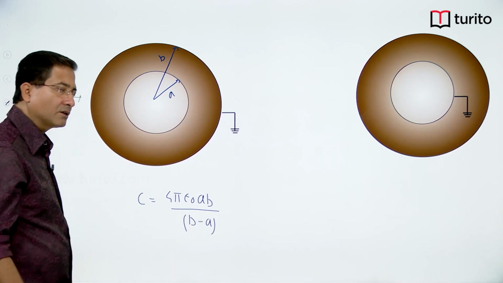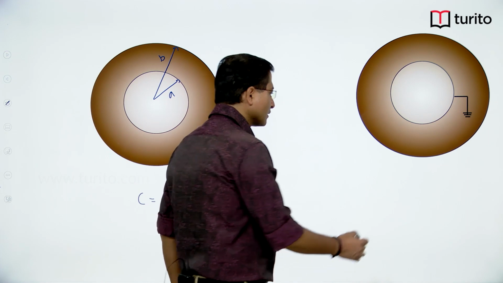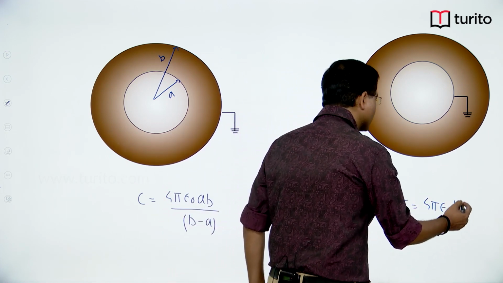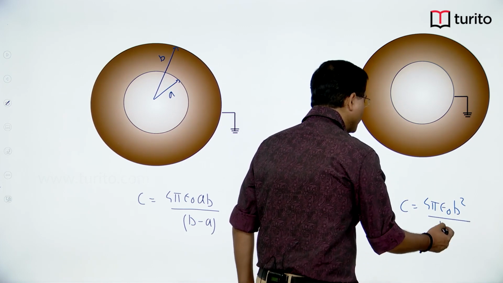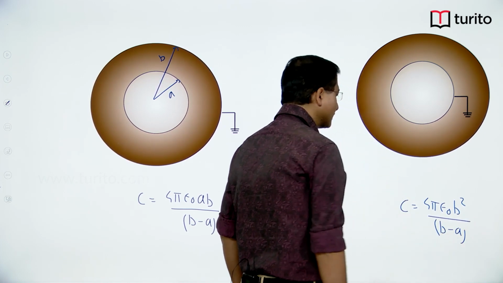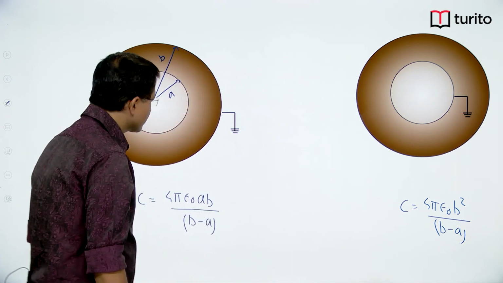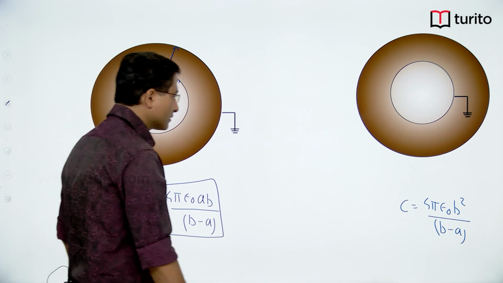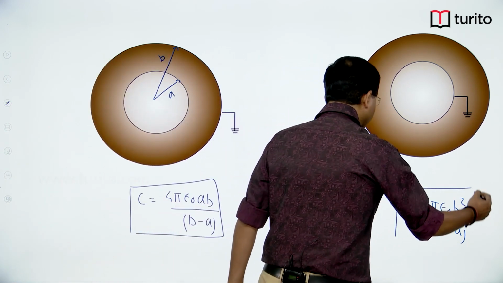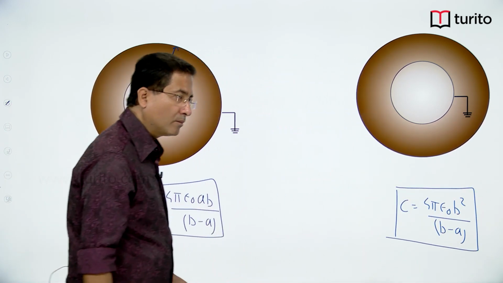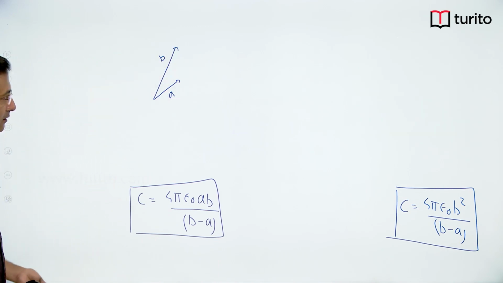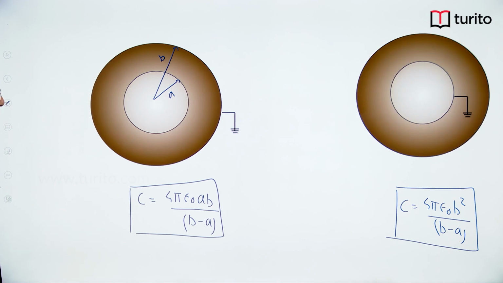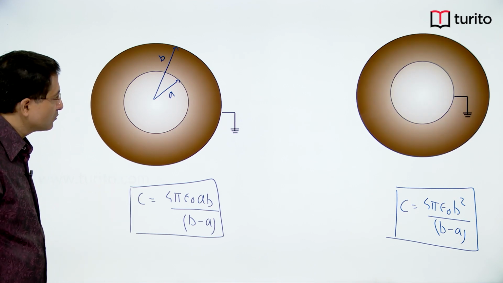While for that situation we got C is equal to 4 pi epsilon naught B square divided by B minus A, right, and we derived this result in our previous classes, right. Now, by today's logic, like what we are doing here, in the same way I can directly predict what would be the capacitance for this situation?